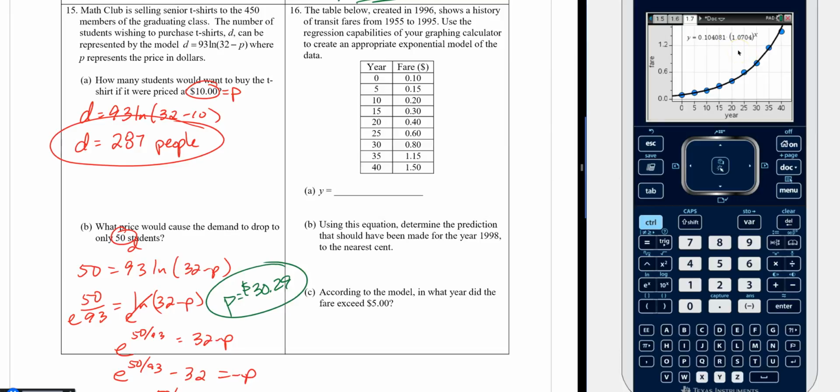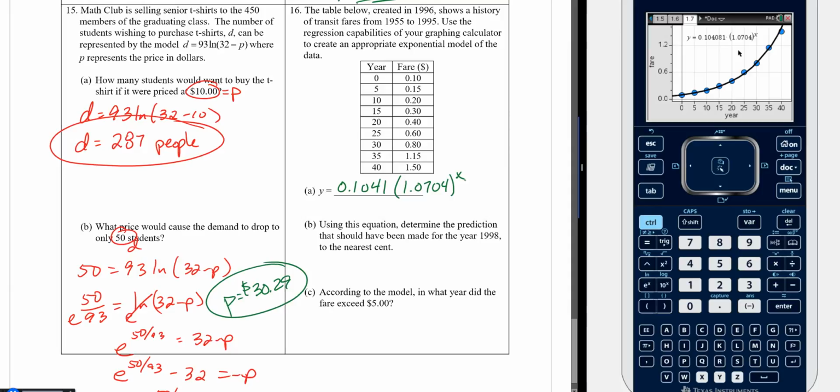And there it is. So we just copy that down. We can go out to 3 decimal places, it's probably good enough. So we've got y equals 0.104. Let's go to one more. 0.1041 times 1.070 to the x. There's my function.